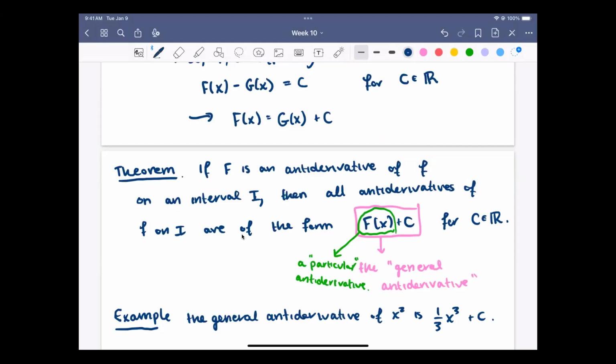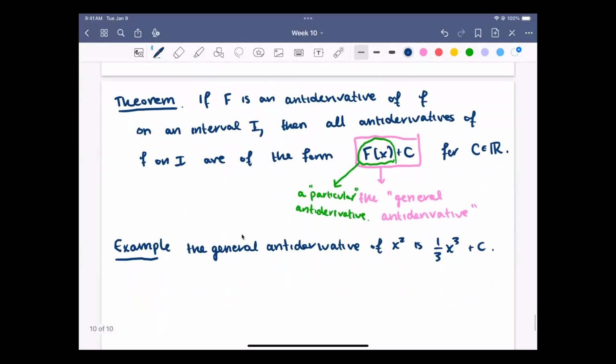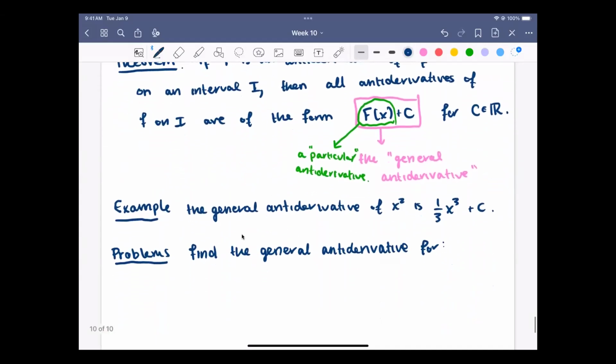Okay, I'm going to give you all a few minutes to work out some examples. So here are some problems. You're going to find the general antiderivative for the following functions.